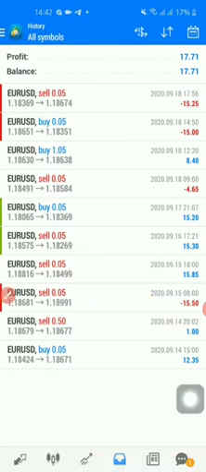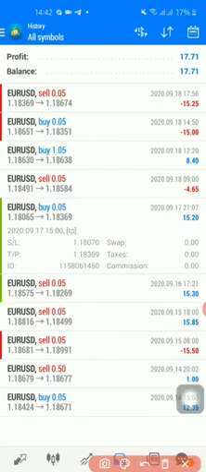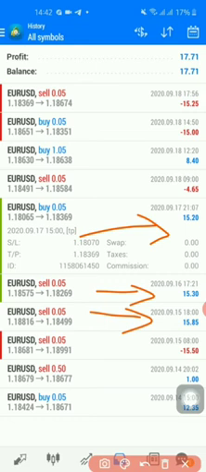Okay, and these were solid trades. We don't care about the wins. That's what we are doing anyway. This was a trade where I moved the stop loss to break even. This was a trade where I tried to modify the stop loss and the take profit to make more, but it reversed a bit, so I lost a bit.